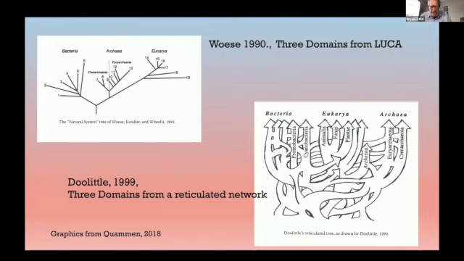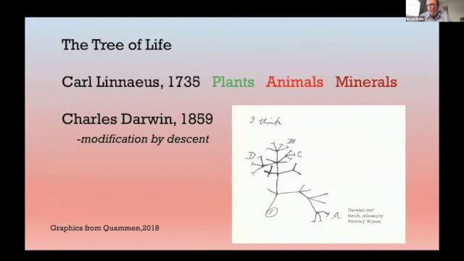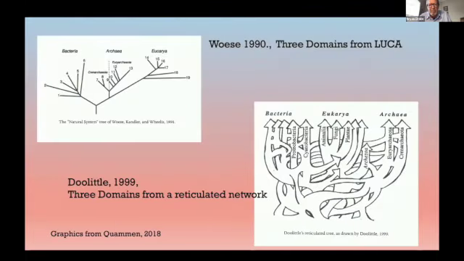He saw it as a non-linear reaction: rampant, unconstrained, promiscuous horizontal gene transfer. So the trunk of the tree was a network and not a tree.